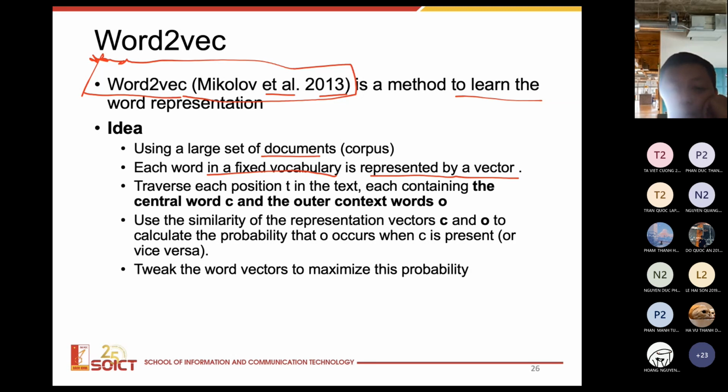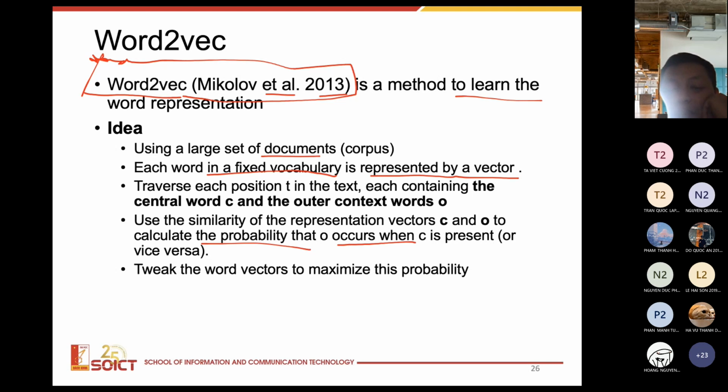In order to do that, the approach travels through each position in the text, containing the center word C and the outer context word O. It uses the similarity of the representation vectors of C and O to calculate the probability that O occurs when C is present, or vice versa.